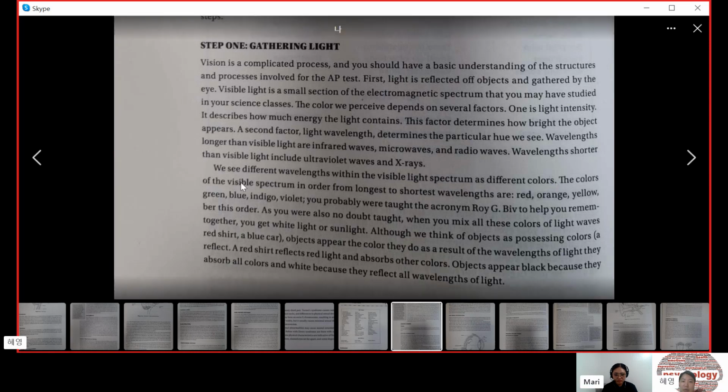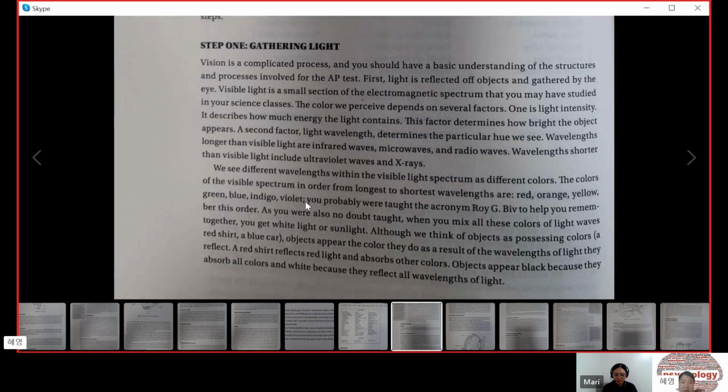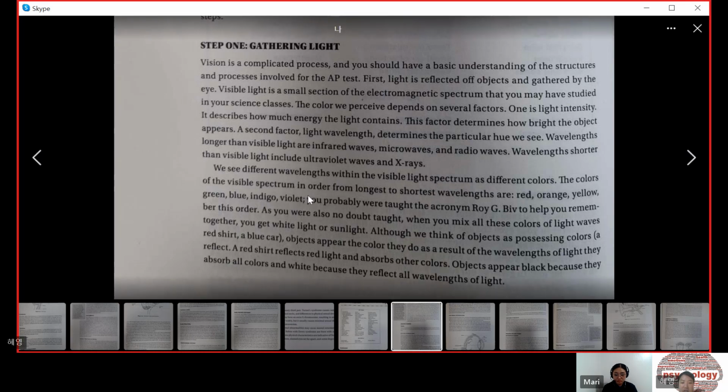The colors of the visible spectrum in order from longest to shortest wavelengths are red, orange, yellow, and so on through violet, the rainbow colors. You probably were taught the acronym ROY G. BIV to help you remember this order.